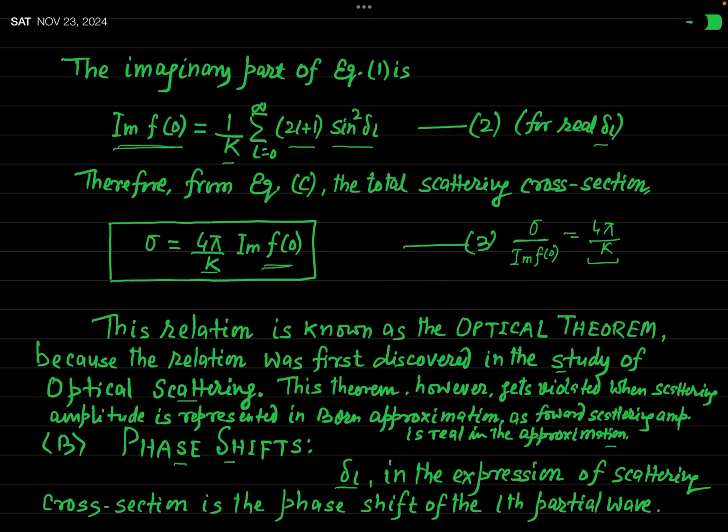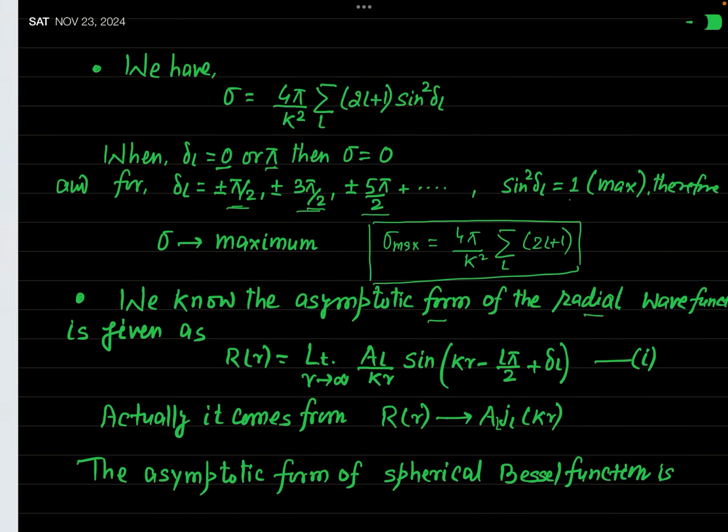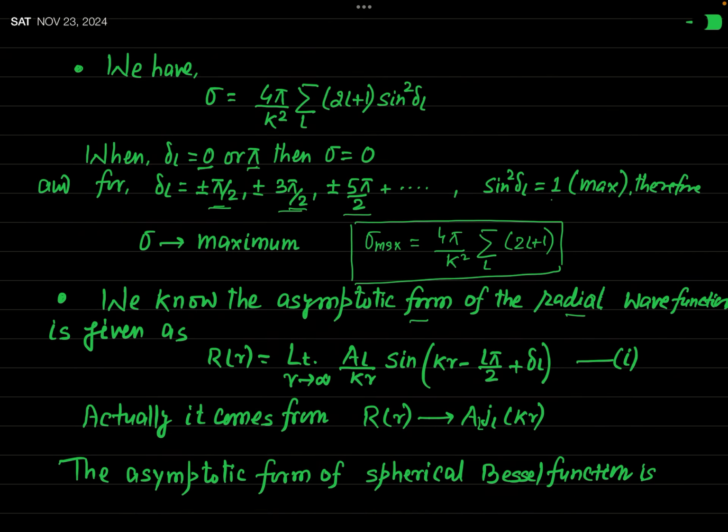But when you say phase shift, definitely this is something like a change in phase or difference in phase. So let us see how this phase shift can be explained and can be determined. You know the expression for sigma.